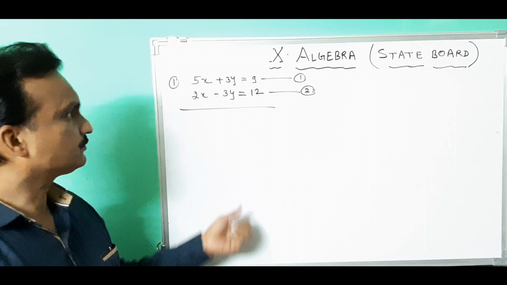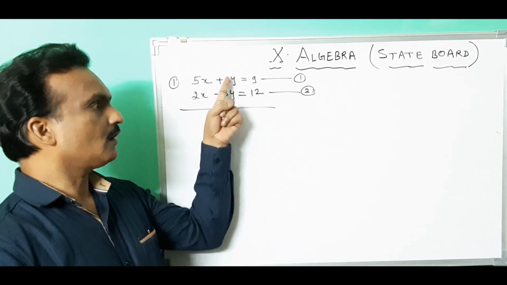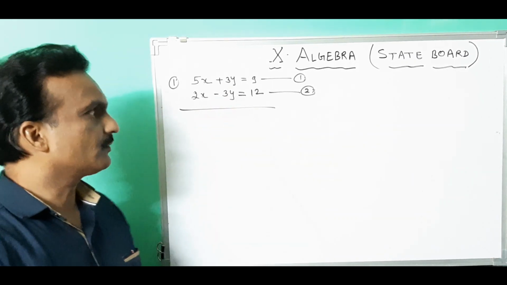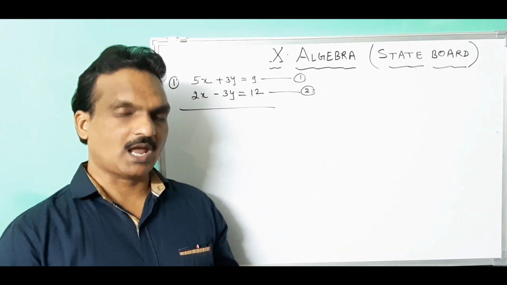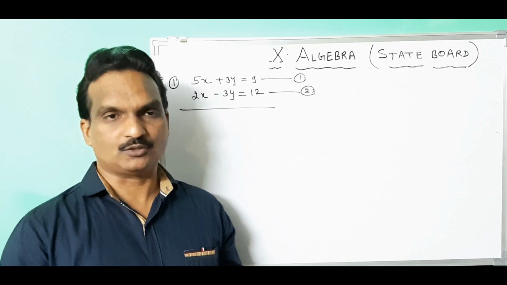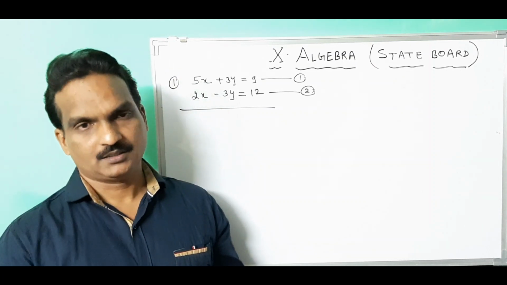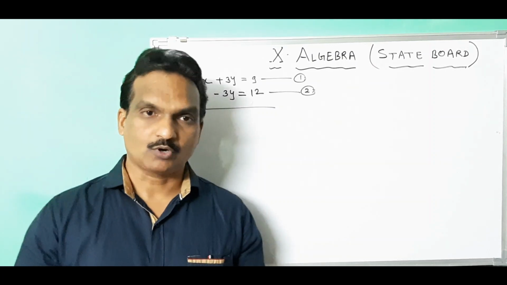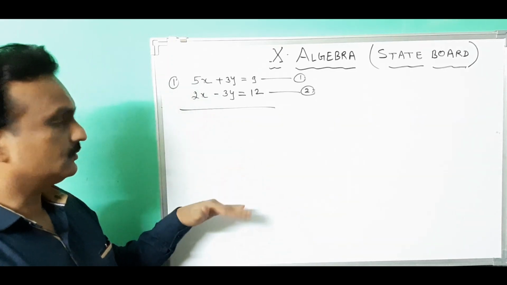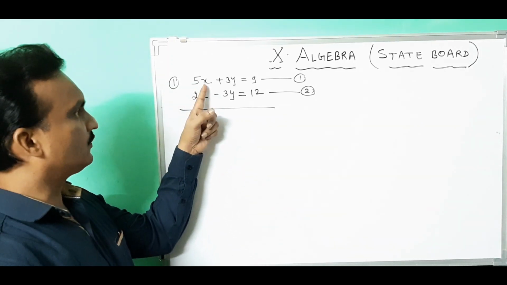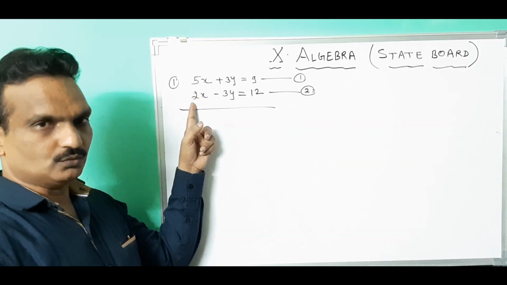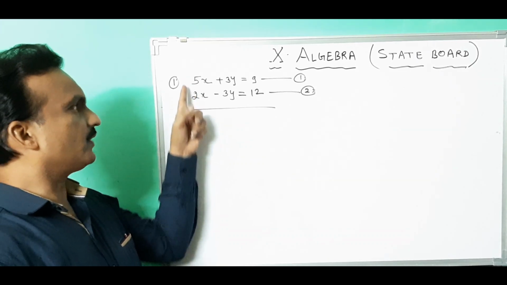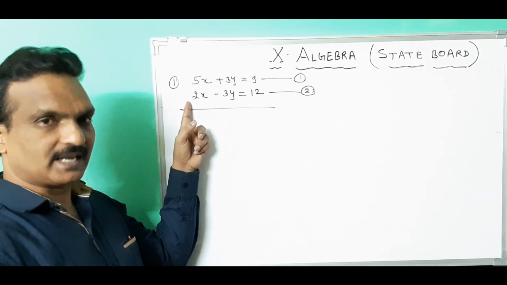So here, to solve simultaneous equations, we have to see whether the coefficient of any of the variables, either of x or of y, is the same. Now you can see here, the coefficient of x is 5 and the coefficient of x is 2. These two are different. Coefficients are not the same.